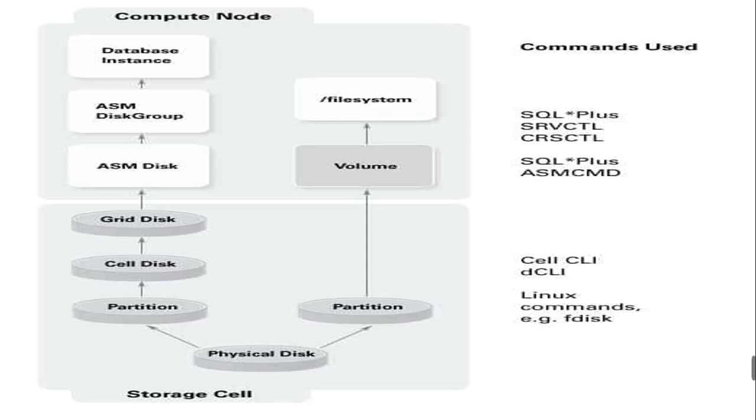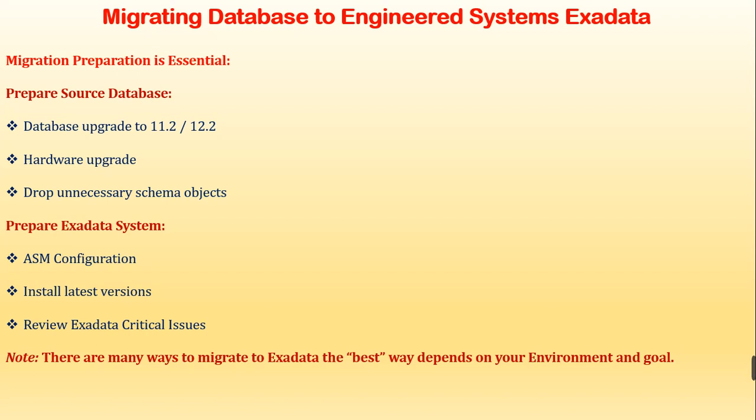Alright, coming to migrating a database to an engineered system like Exadata. Migration preparation is essential for migrating a single instance database or a RAC database to an engineered system like Exadata.